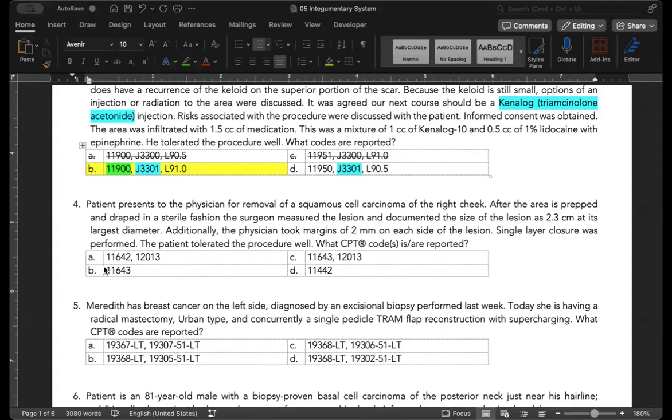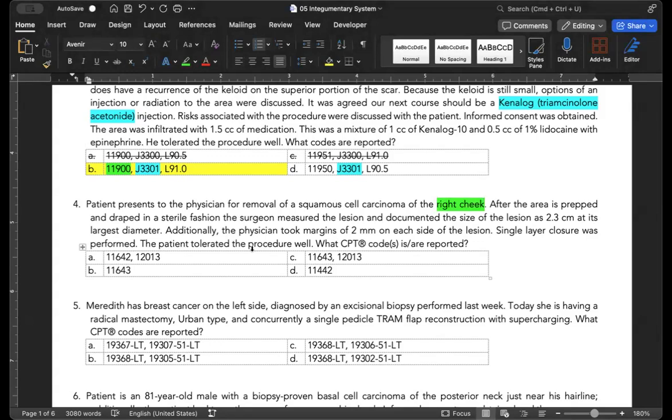So let's go find our 11643. This is for an excision of a malignant lesion, and it is based on an anatomic location. So face, ears, eyelids, nose, and lips. And we are on the right cheek. So that's going to be on the face.